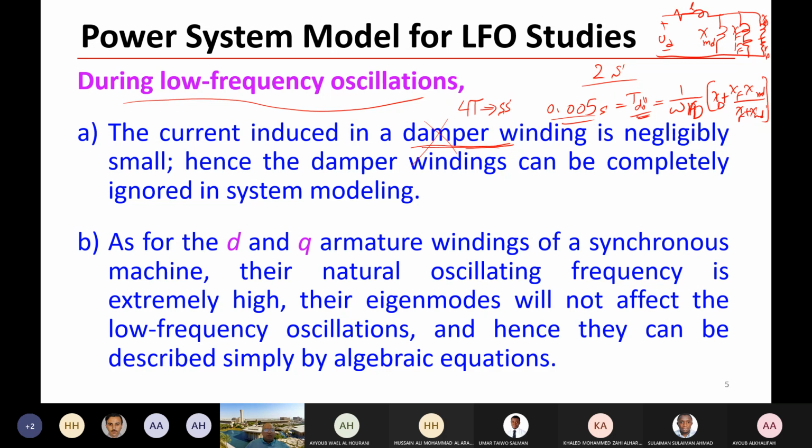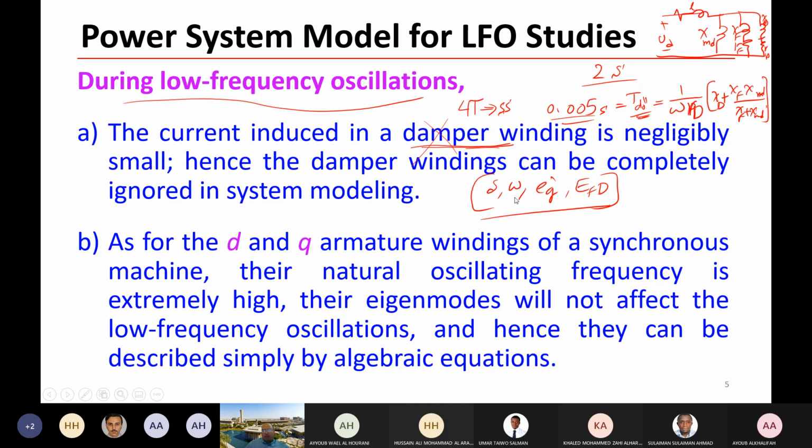So what we have is the mechanical part of the machine, internal voltage, and the field voltage. So we have delta, omega, EQ prime, and EFD. So these are the states in the low frequency oscillation.